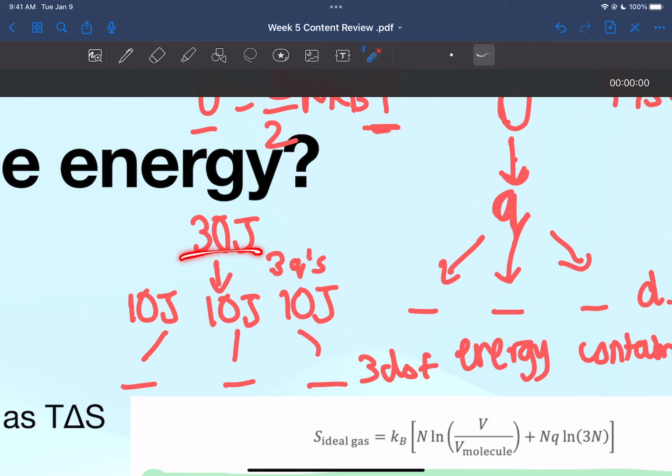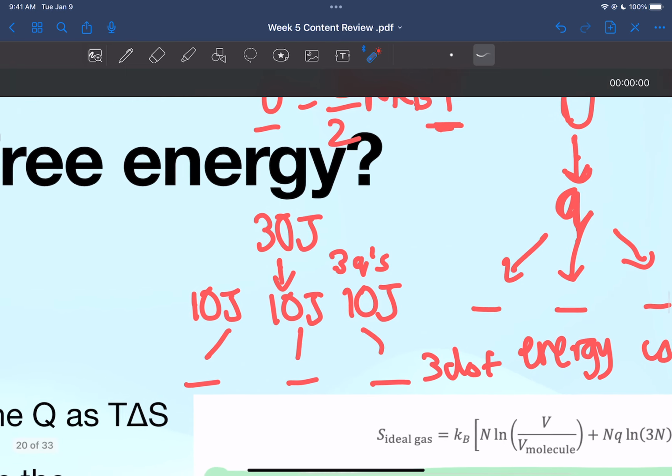Now, if I don't change this internal energy, then my Qs are staying the same. Let's say I want every single energy block to contain 10 joules. If I don't change this internal energy, and given that I want each energy block to be 10 joules, then the number of Qs doesn't change.